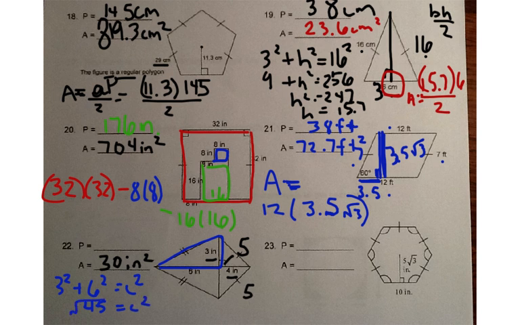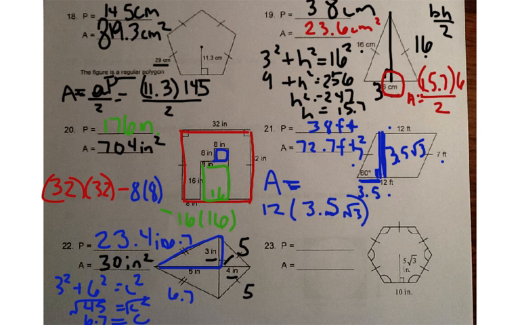Take the square root on both sides, and that gives us a c value of 6.7 when you round to the nearest tenth. So 6.7 here and 6.7 here. So if I add those four sides together, I get 23.4 inches for my total perimeter.